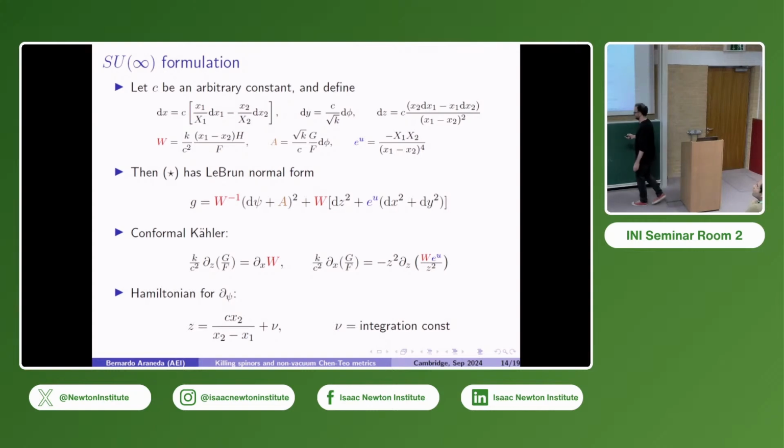And this is perhaps an important point for those of you who are a little bit more familiar with the Chen-Teo metric. When you compute the Hamiltonian for the Killing field, as I mentioned, there is a special Killing field, which is this one, d by d psi. When you compute the Hamiltonian, there is an integration constant, because the Hamiltonian is only defined up to a constant shift.